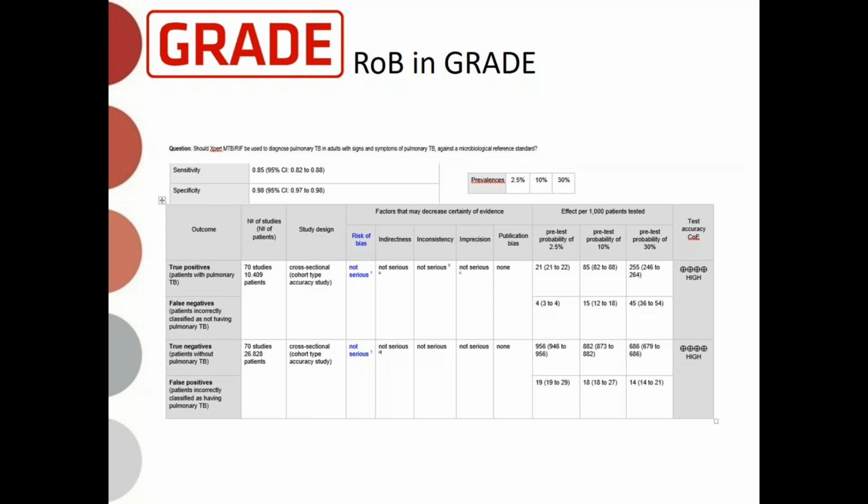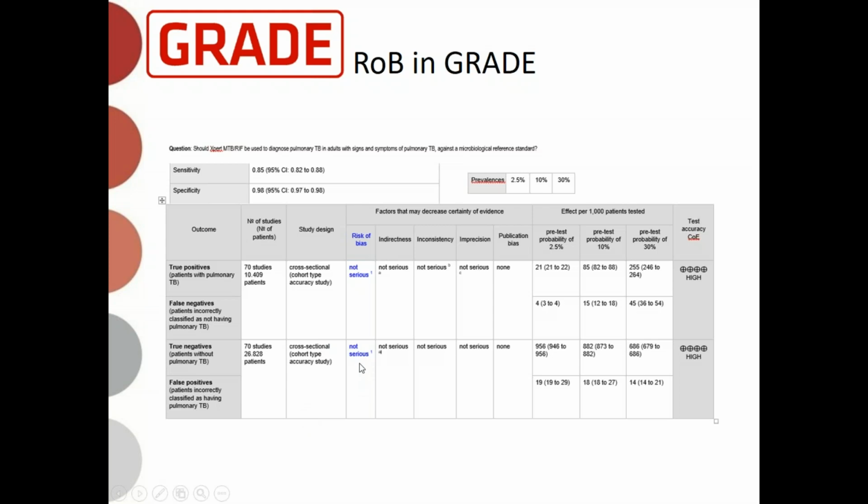And again, this also factors in the domains that you look at. For example, the patient selection domain. Let me give an example. If in your review you included case control studies, and maybe the case control studies used healthy controls, most likely your specificity estimates will be affected.